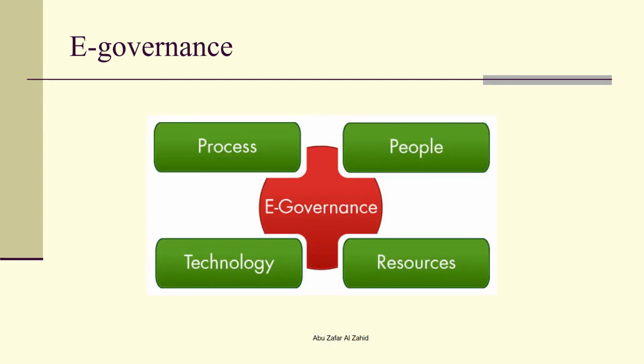E-governance means electronic governance. The application of electronic or digital method in the government administration is called e-governance. So we cannot think the e-governance without the use of ICT devices. It totally depends on ICT.